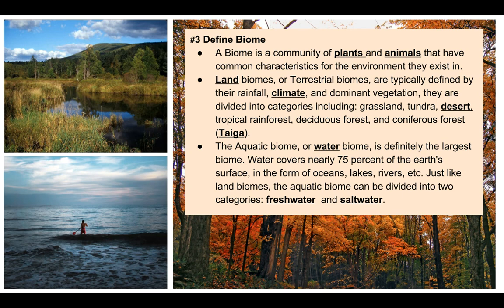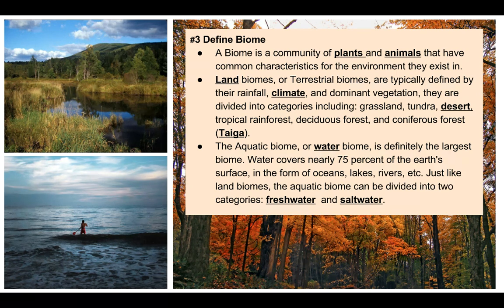So that makes it unique, different than that other biome. Also, rainfall, climate, and climate is the weather over a long period of time, and the dominant vegetation. That means what trees, what bushes, what plants, vegetation are in that biome.